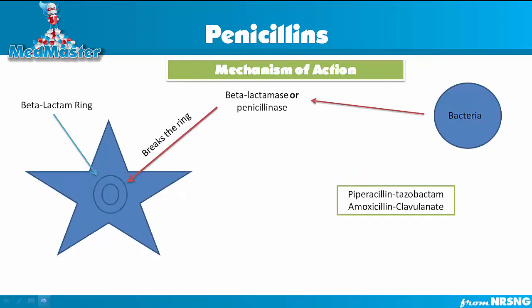Now, bacteria are a little bit smarter as well. Bacteria recognize that this penicillin is weakening their cell wall. So what they will do is produce beta-lactamase, also known as penicillinase enzyme.